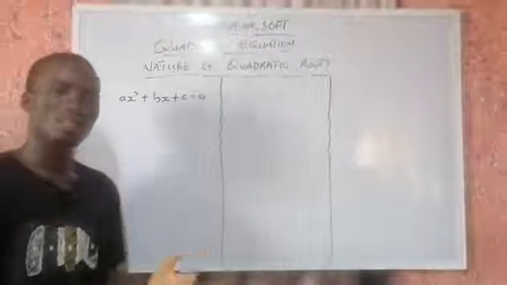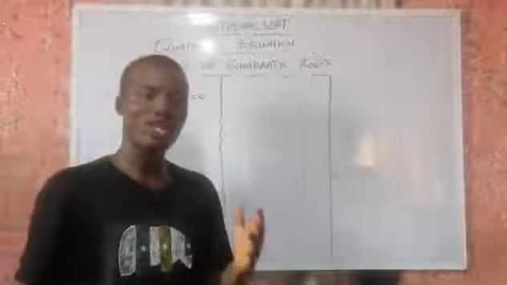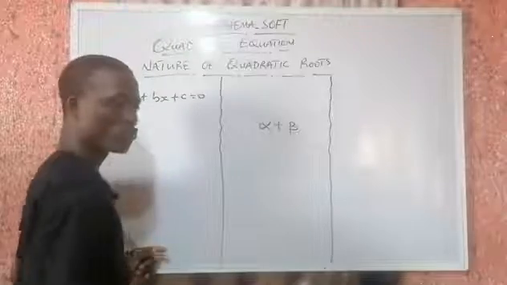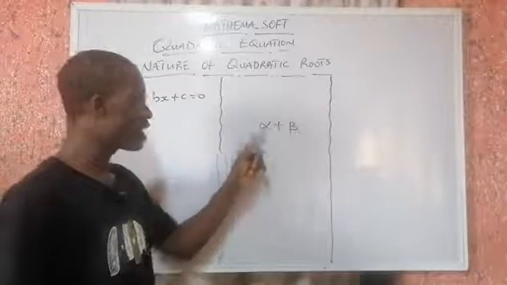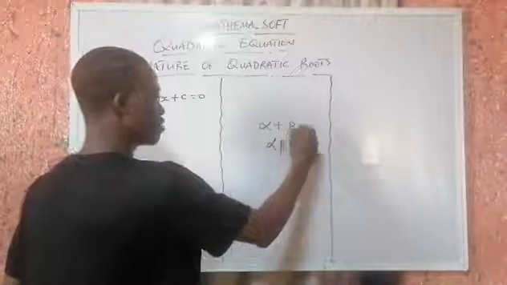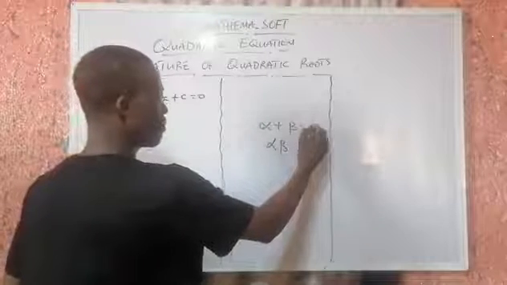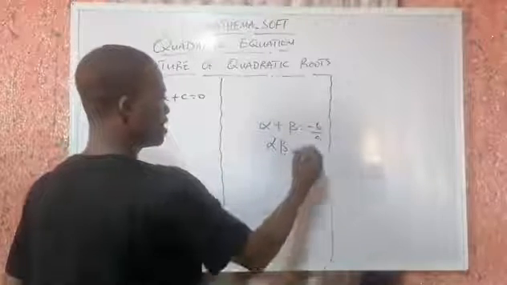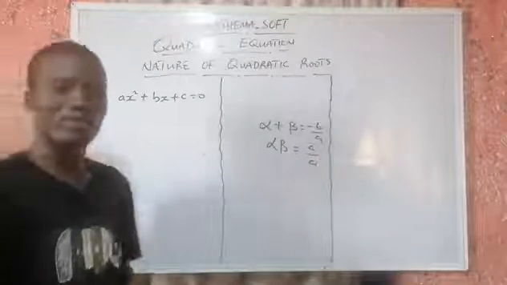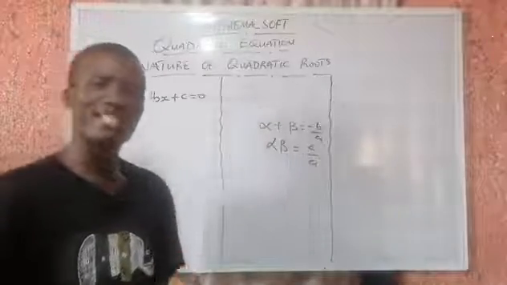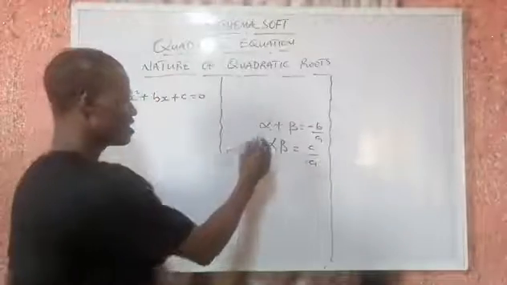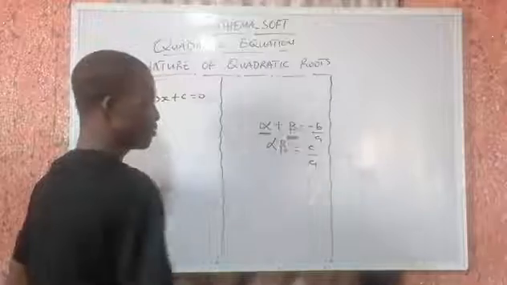And under the sum of roots and product of roots, we already looked at the sum of quadratic roots, representing the two roots with alpha and beta, and we already looked at the product of roots, that this can be expressed as minus b over a, and this can be expressed as c over a. What is important for us to also remember is that a quadratic equation will always have two roots, okay? And this is what we represent here with alpha and beta.